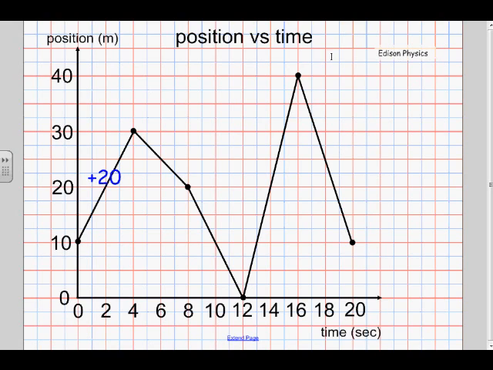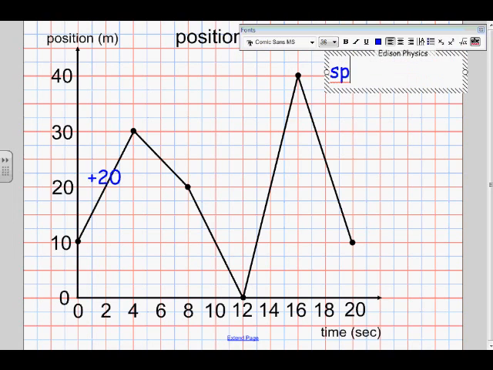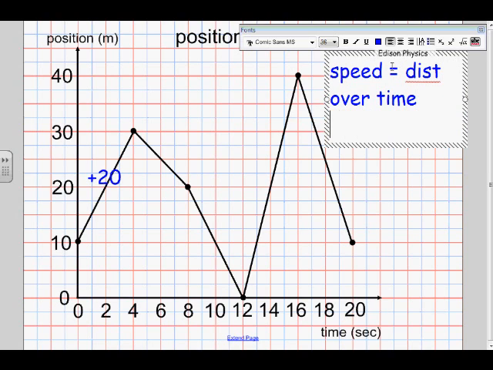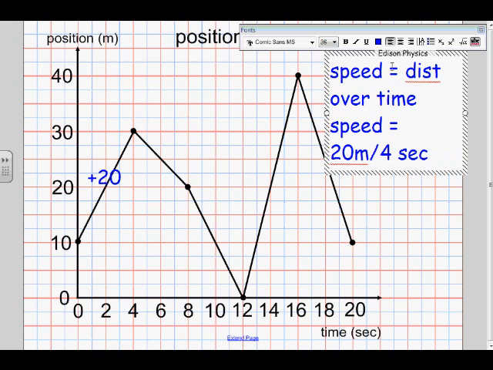So if I want to find my speed, I need distance over time. So speed equals 20 meters is my distance over 4 seconds. I solve for my speed, I get 5 meters per second.